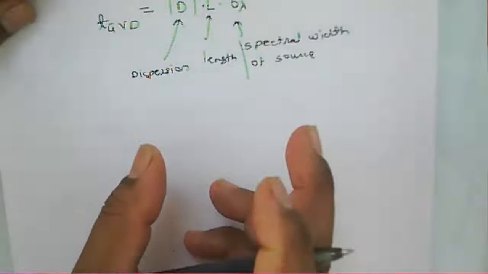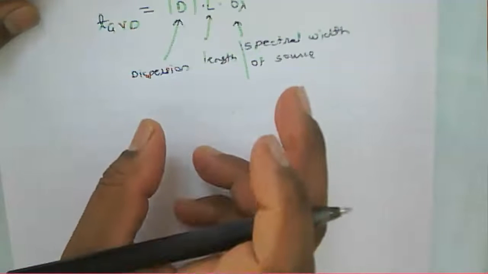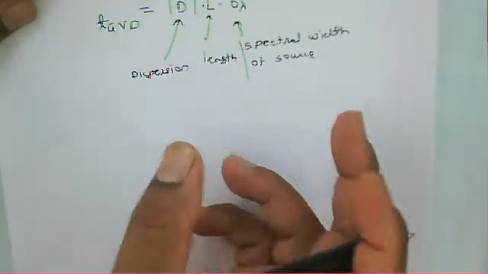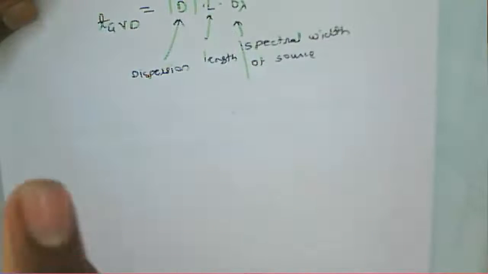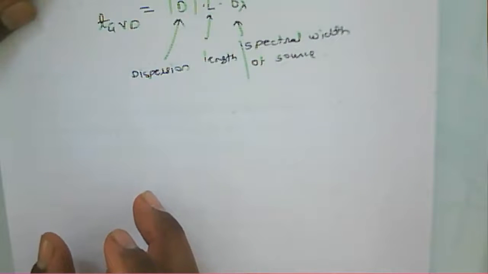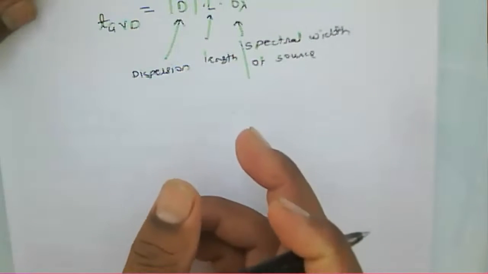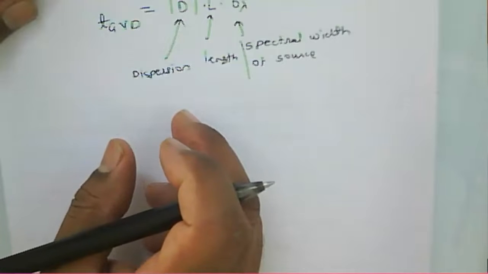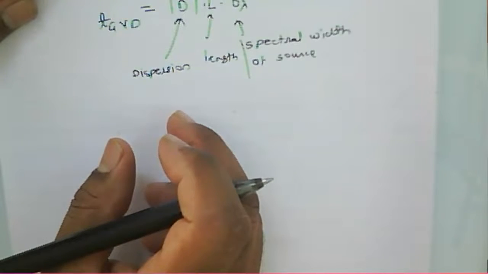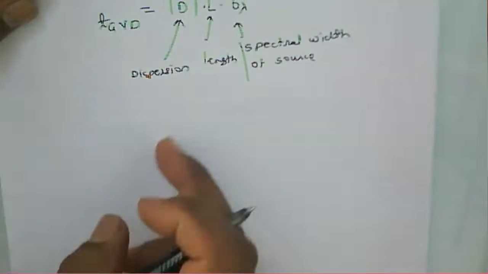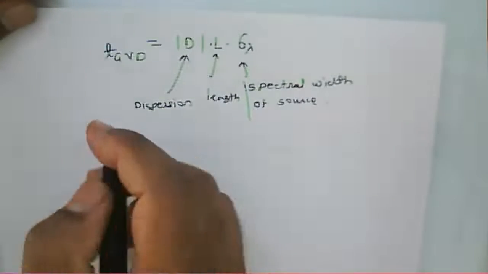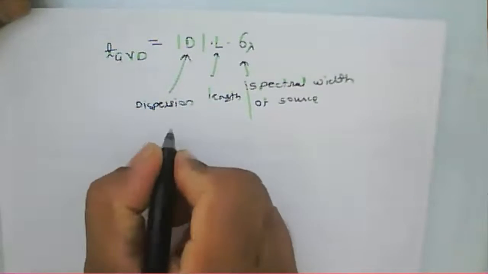And the dispersion depends upon the length of the fiber. So we can calculate the total dispersion for the optical link.